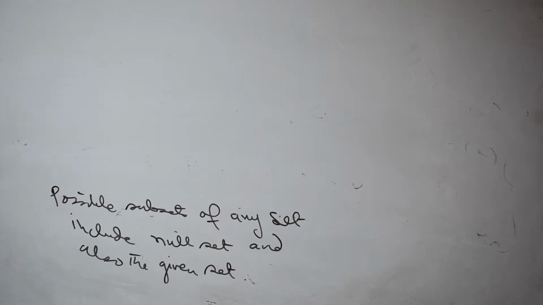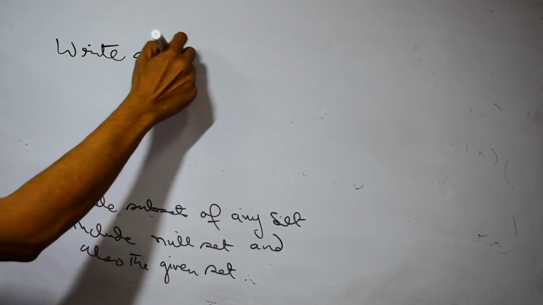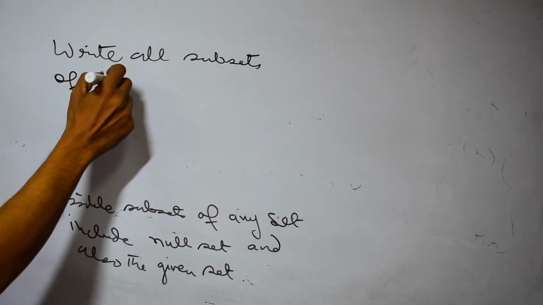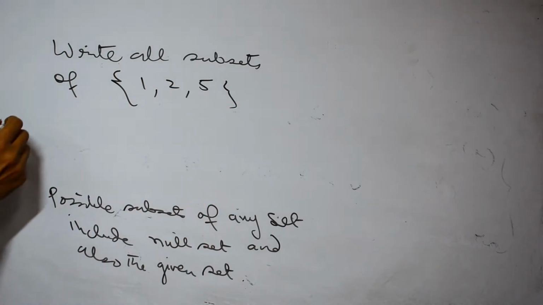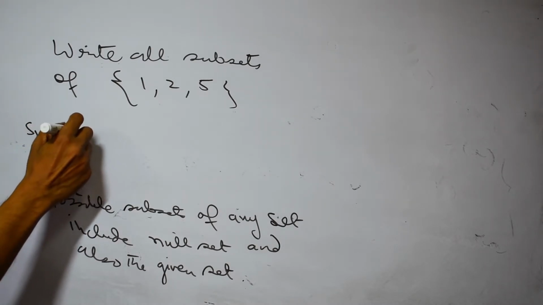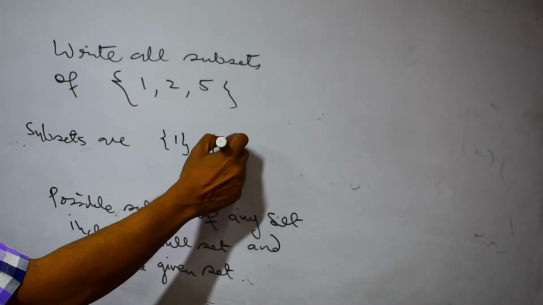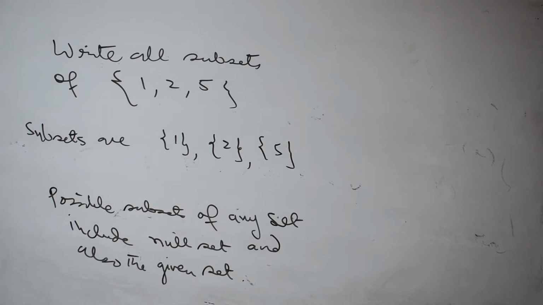Like we have an example: write all subsets of {1, 2, 5}. The subsets are only 1, only 2, only 5, that means taking one at a time.